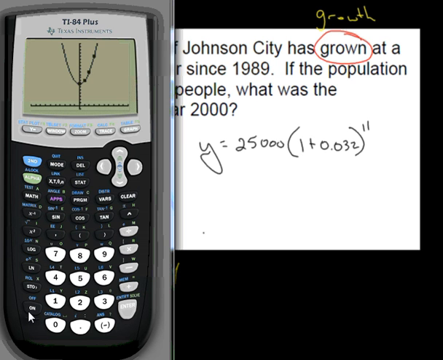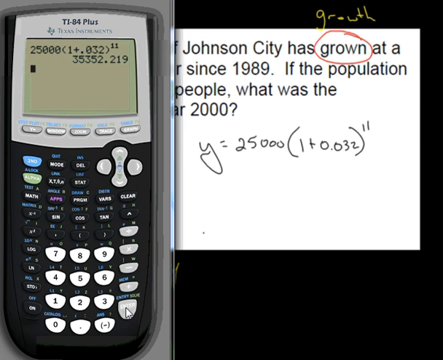So I'm going to put in here 25,000, parentheses, 1 plus 0.032, close your parentheses, caret does our exponents, to the power of 11, and then I hit enter.